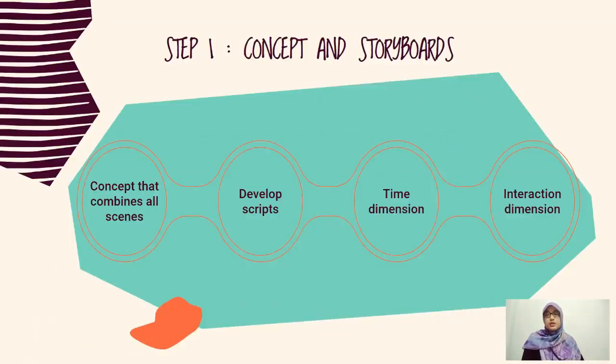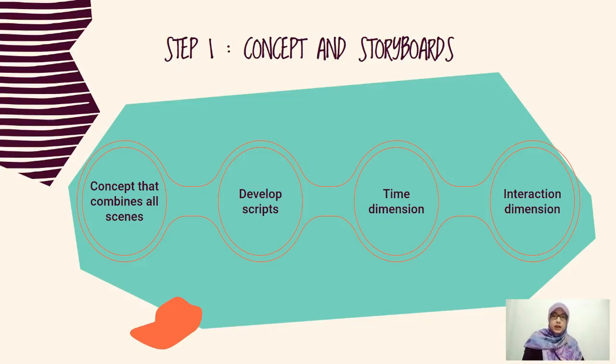So step 1 is all about the concept and the storyboards. This is when the animator creates the concept that combines all the scenes and the scripts, while the storyboard is a hand-drawn or computer-assisted sketch to show how the scenes will be played out. There are 2 important dimensions in storyboarding, which are the time dimension and the interaction dimension.